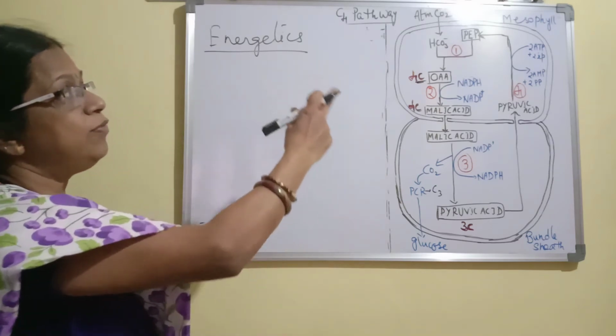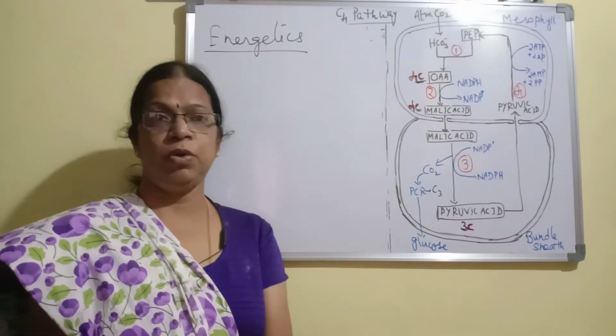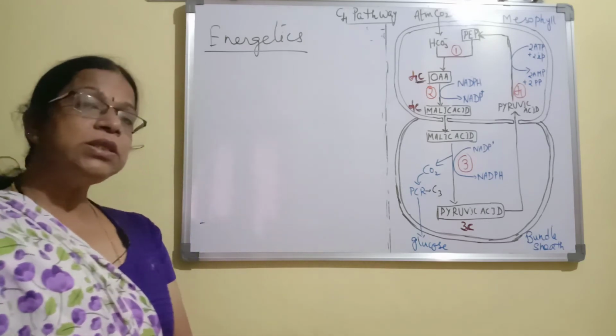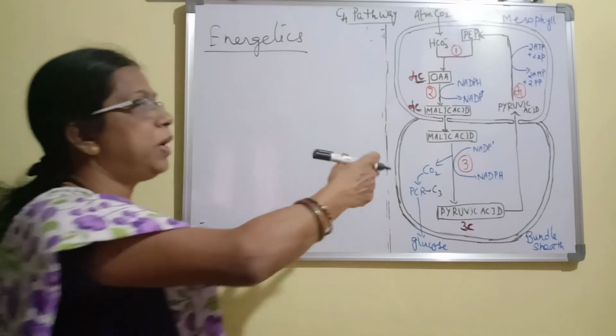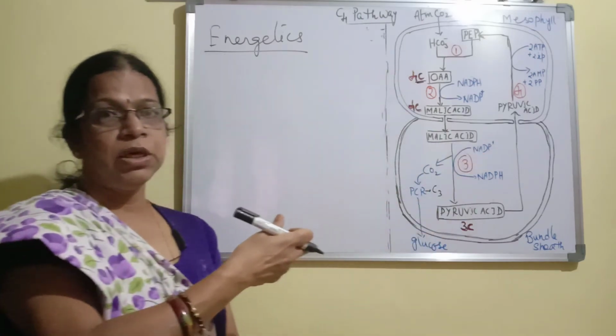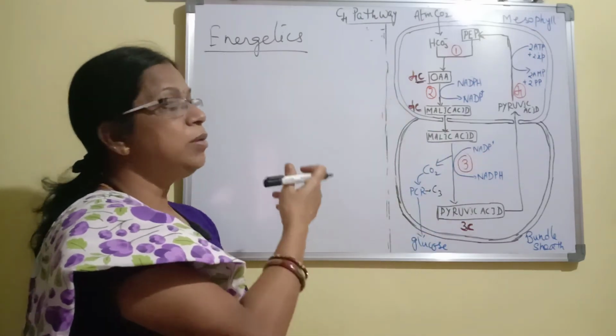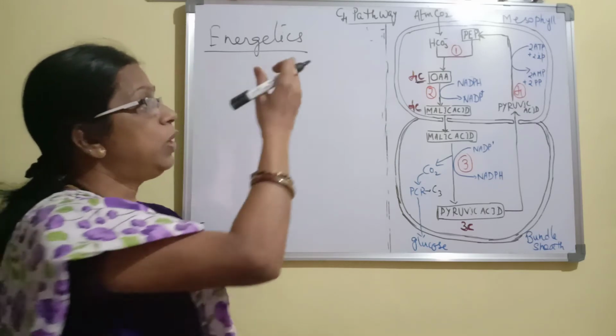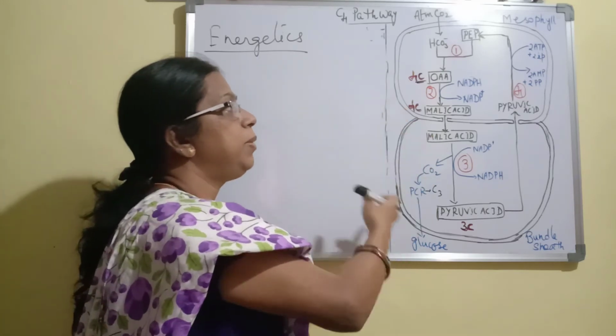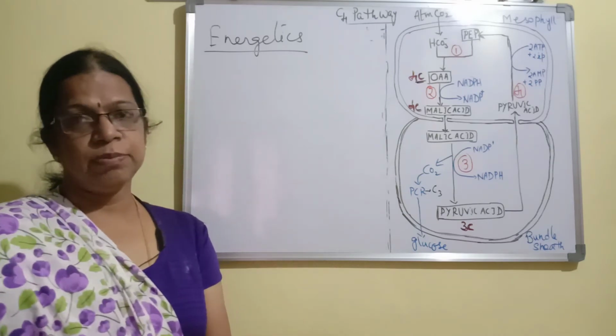This pathway we have discussed for 1 carbon dioxide molecule. And for synthesis of glucose, 6 carbon dioxide molecules are required. Therefore this pathway must be repeated 6 times. So 6 turns of this cycle must take place for synthesis of 1 glucose molecule. Whatever we have shown here, we have to multiply by 6.